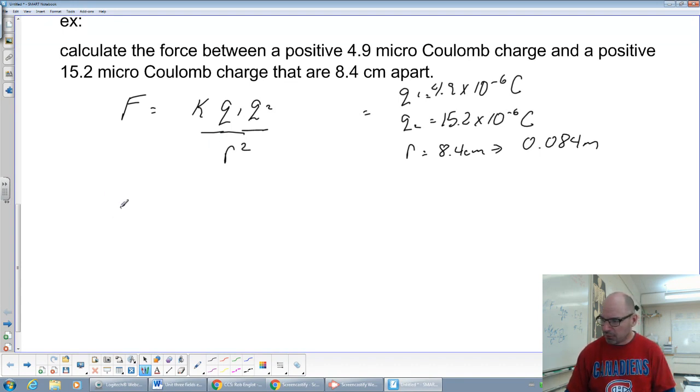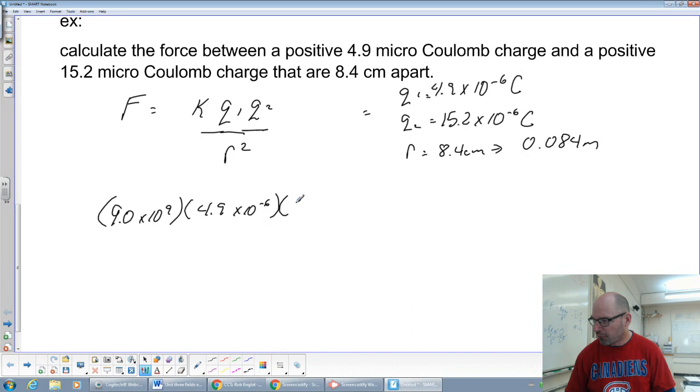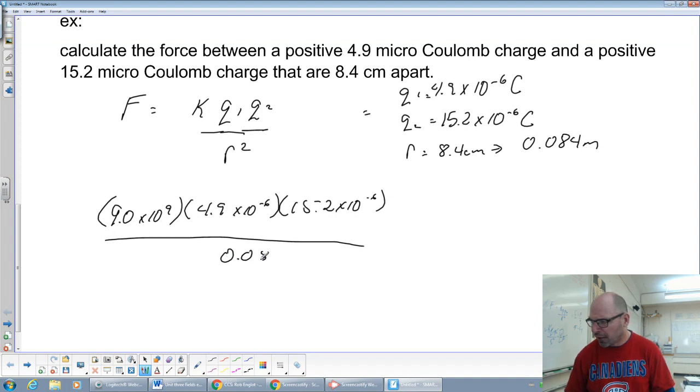So we go 9.0 times 10 to the 9 times 4.9 times 10 to the negative 6 times 15.2 times 10 to the negative 6, all divided by 0.084 squared gives us the force.